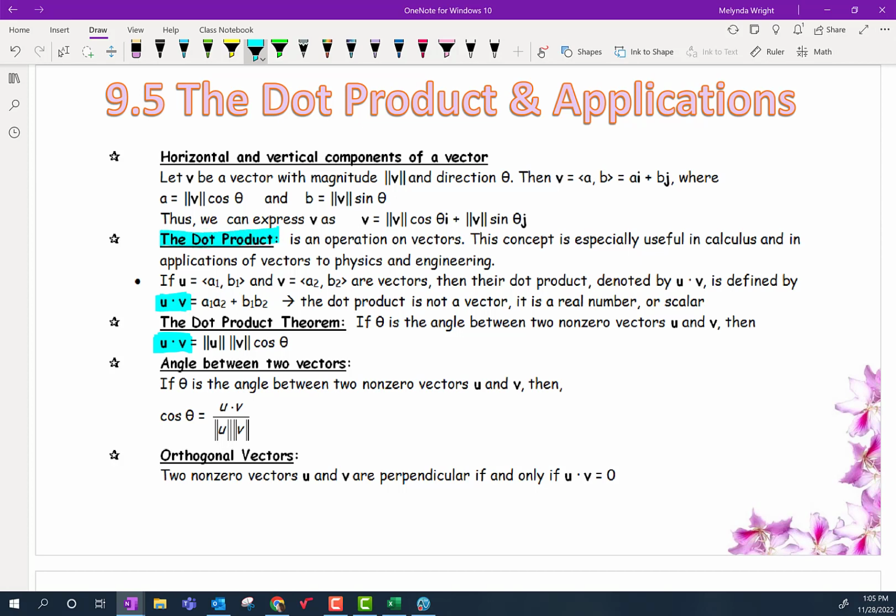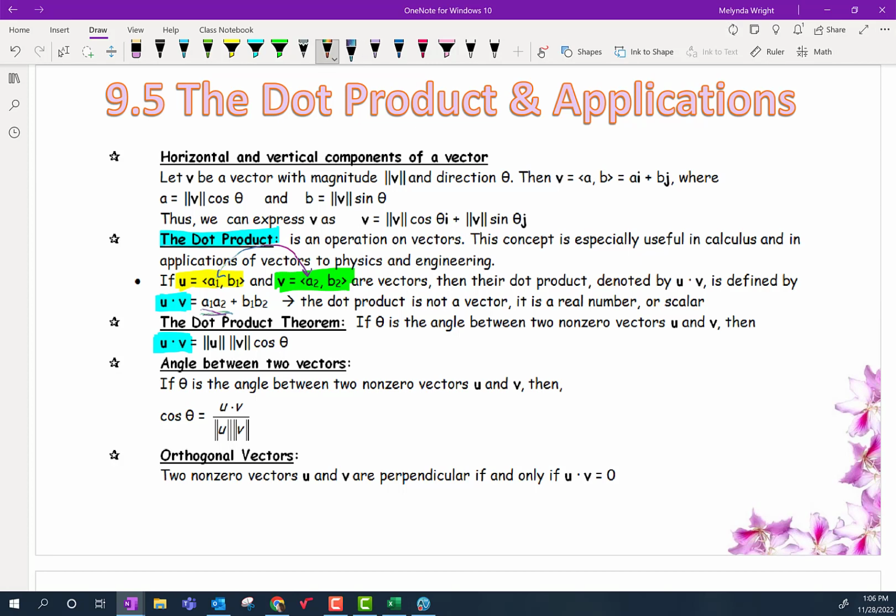And so how do you do the dot product? If vector u has the components a1, b1, and vector v has the components a2, b2, what you would do is match up your x components and multiply them.